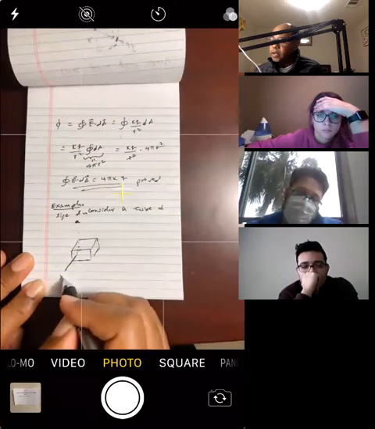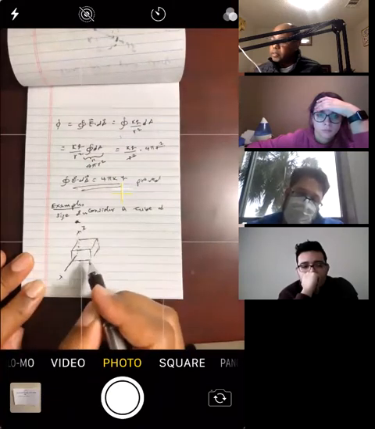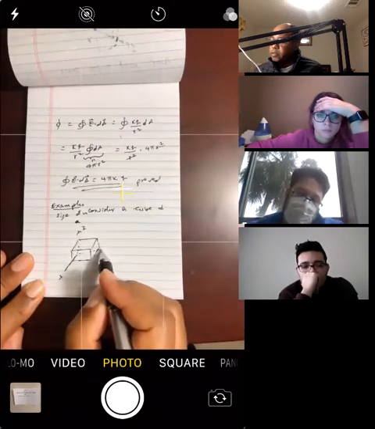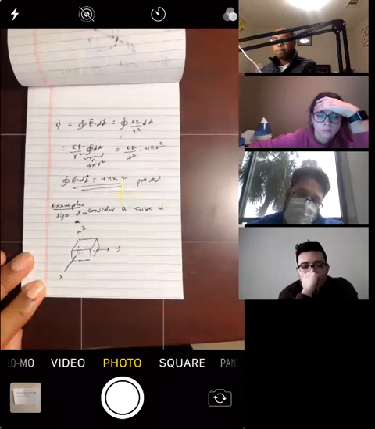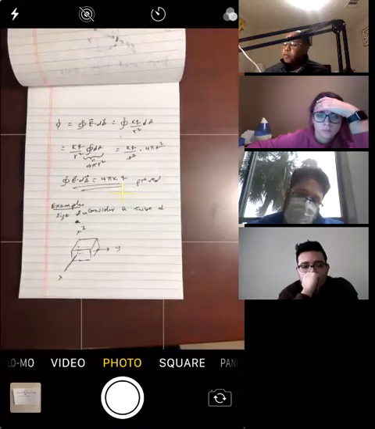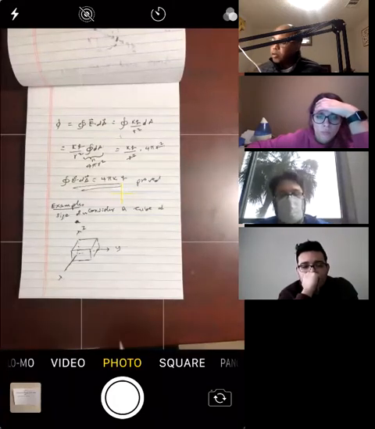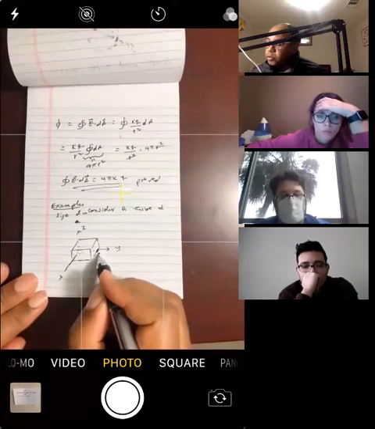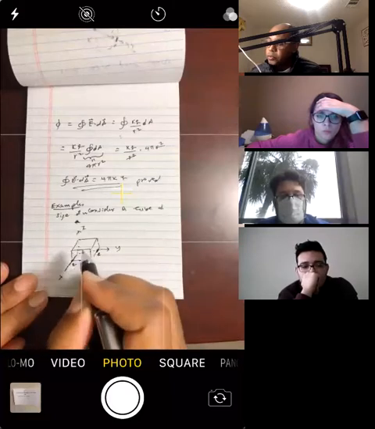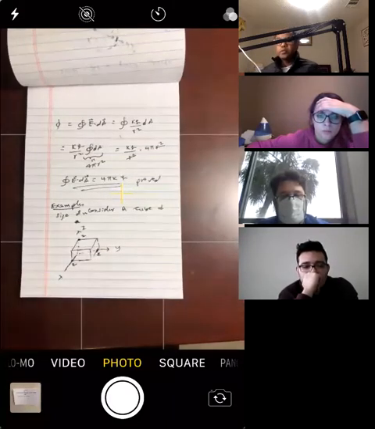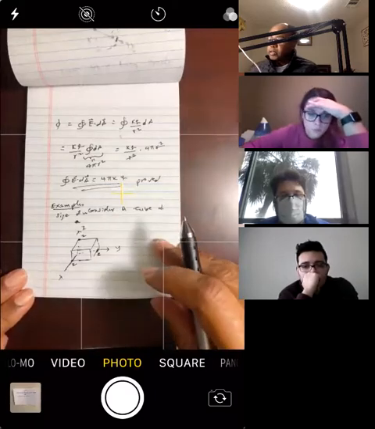Let's say this is the X, this is the Z, and this one is my Y. Now suppose we have the following electric field. Remember, this point is 2, this point is 2, this point is 2, because it's a cube.